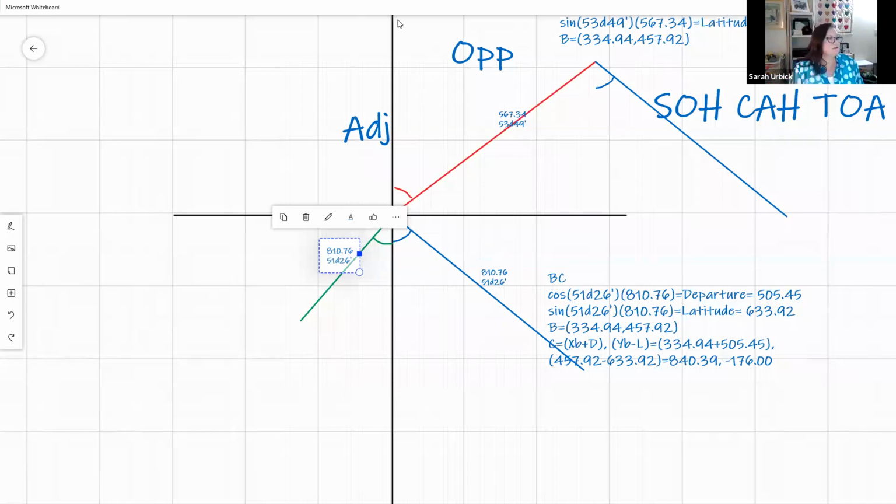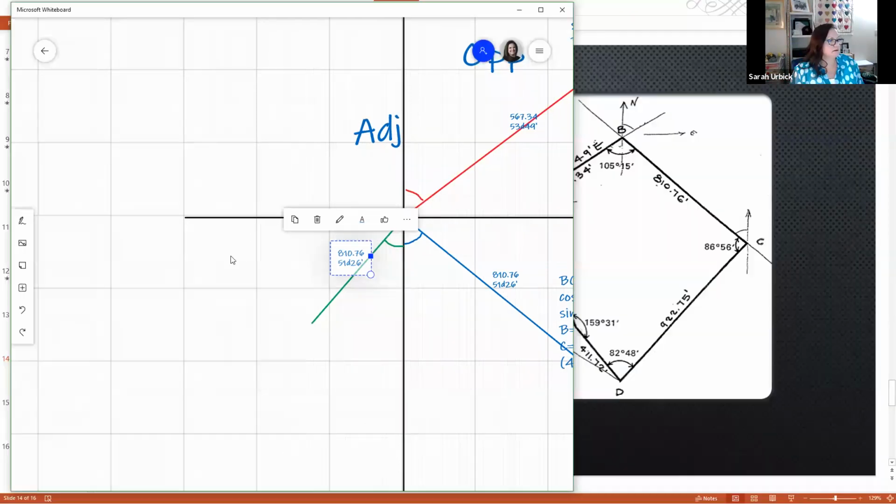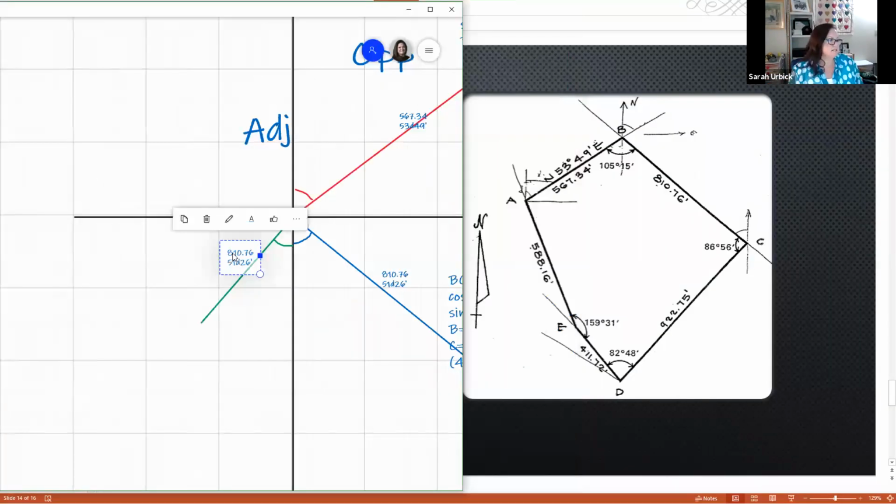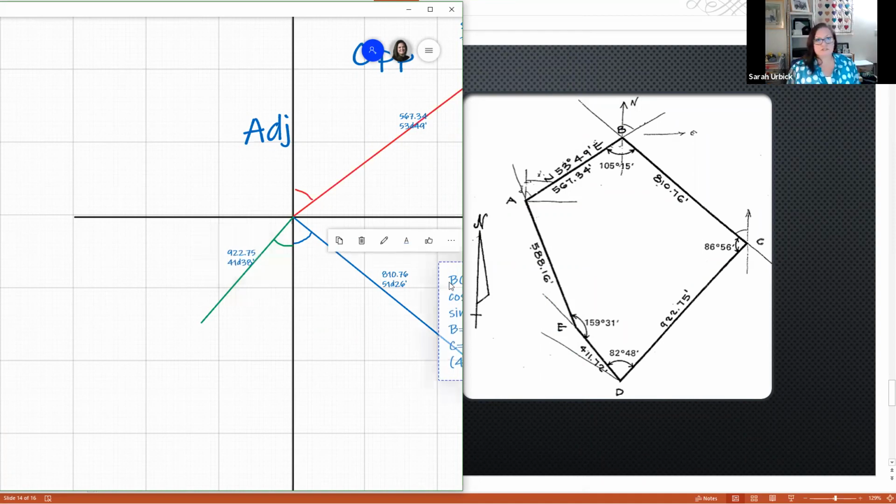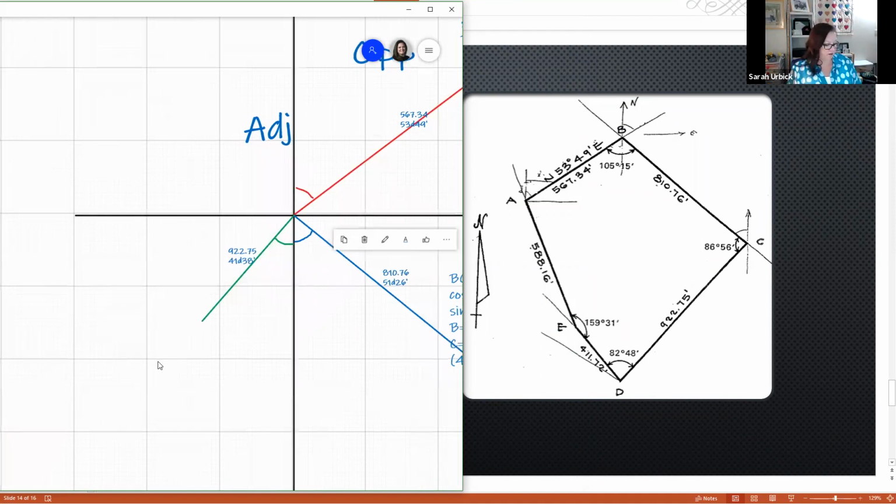Let me resize this again. All right, so our distance was 922.75, and our bearing was 41.38, right? Just going to take that whole thing and copy it over and doctor it over here.